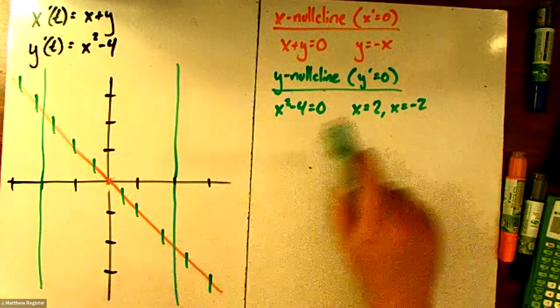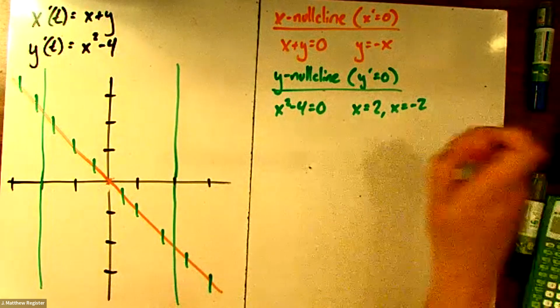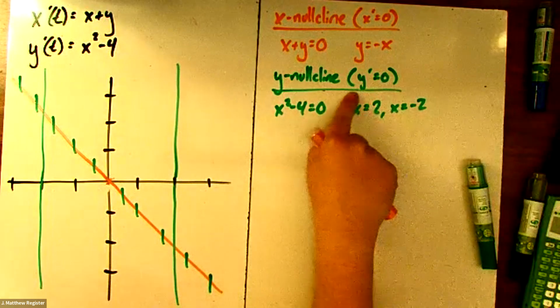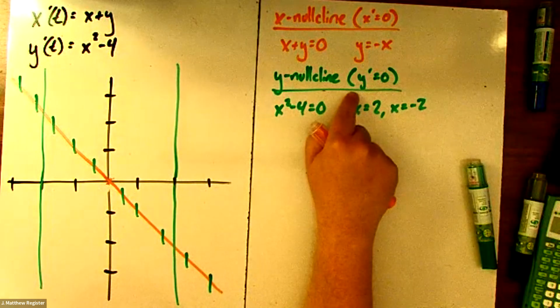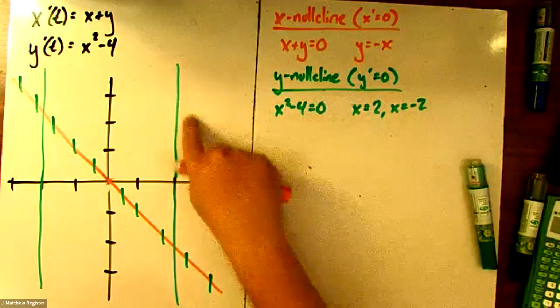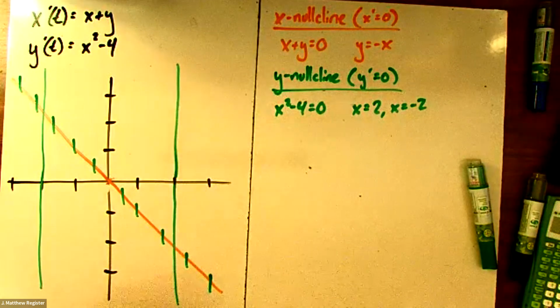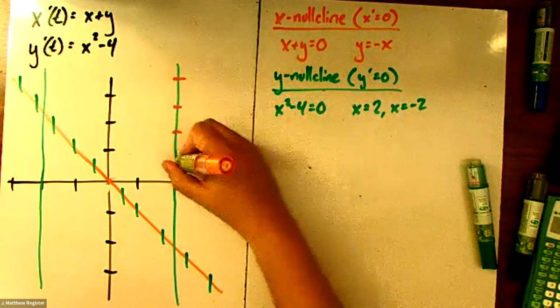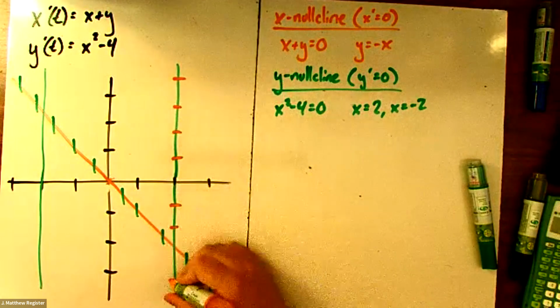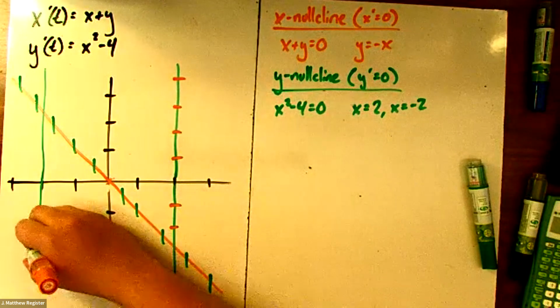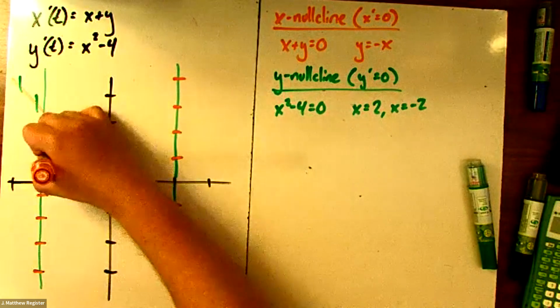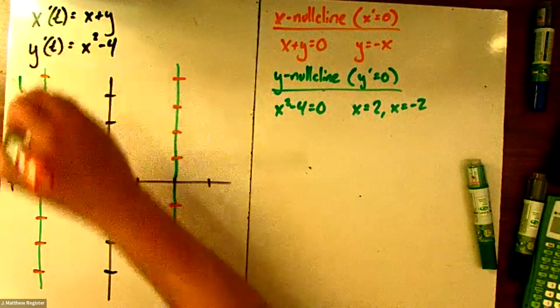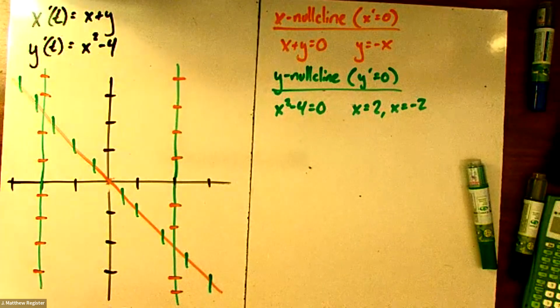And much like the x null lines, the y null lines have the property that the rate of change in the y direction is 0, which means you're not going up or down on these lines. The only direction we could be going is left and right. And so we can show that these are going left and right on those lines. We're not going up or down at all.